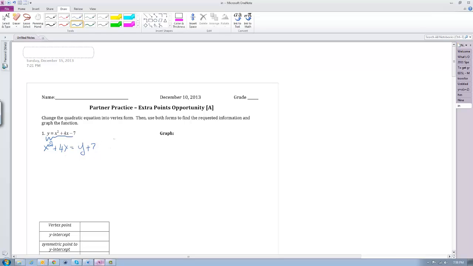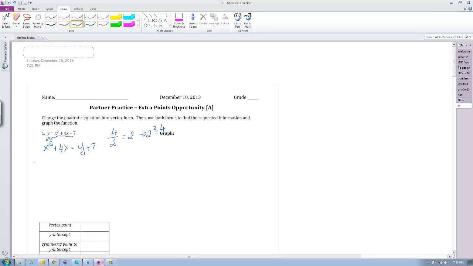Now we'll look at b, and we will divide it by 2. That gives us 2, and then we square it. 2 squared, that would be 4. And then we use this 4 to complete the square, and we add it to both sides of the equation.